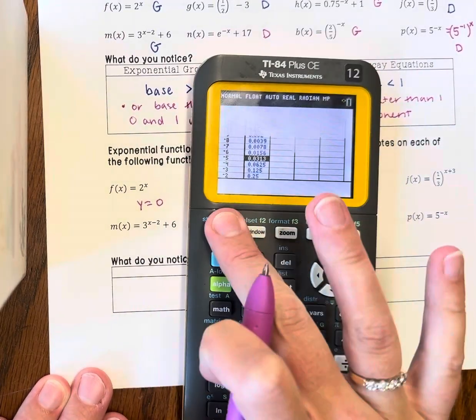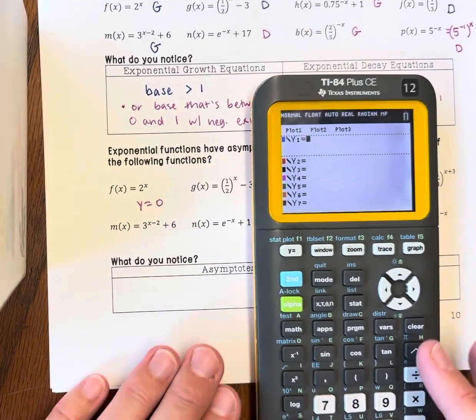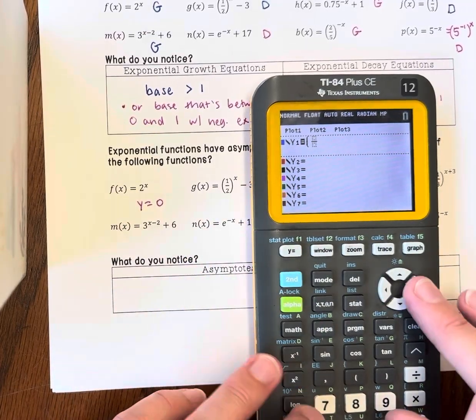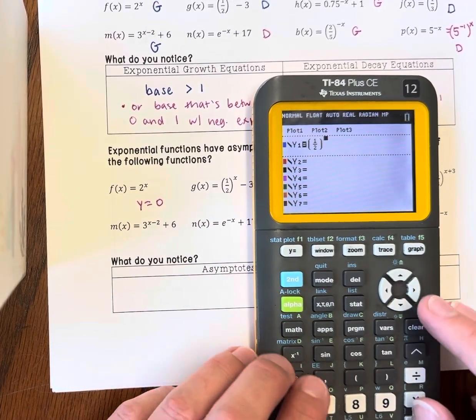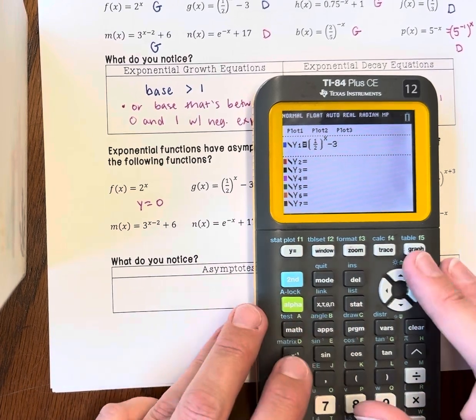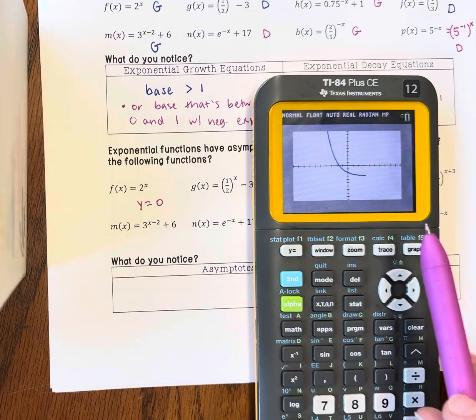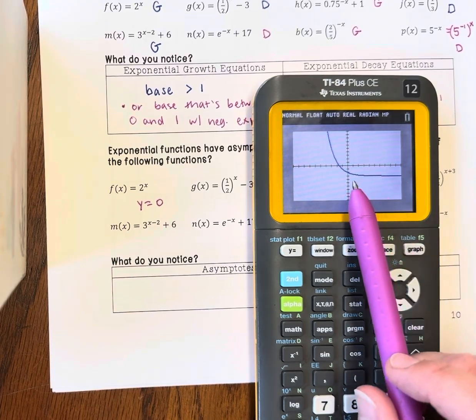Now if you start changing this up, the next one is 1/2 to the x, and then -3. Here's our decay graph, and look at where the asymptote is.